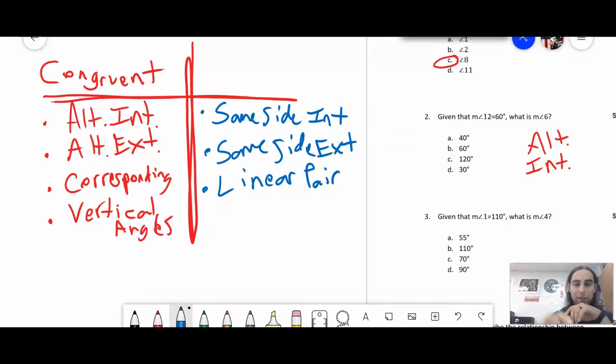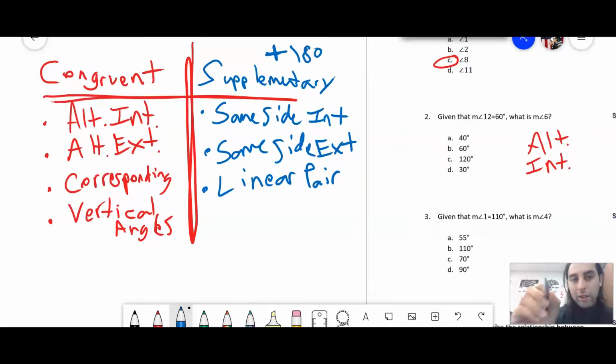But on the right side here, if it has S in it, same side interior, same side exterior, and a linear pair that makes a straight line, those are supplementary. And if you don't remember what supplementary means, that means it adds up to 180 degrees. Cool?